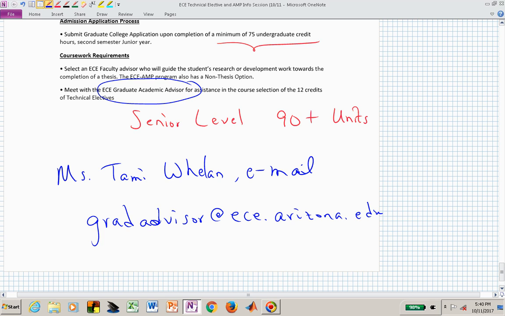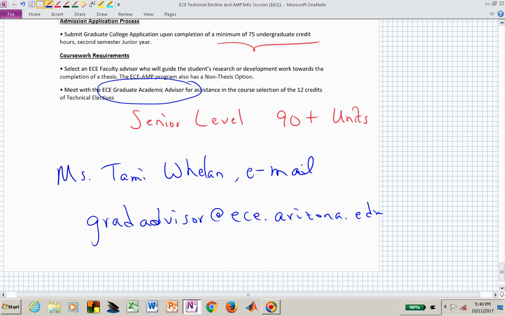So if that's the situation, I would anticipate that you can probably register for 500 level classes for graduate level credit during your undergraduate degree. But you would still need to take 4 other graduate level classes in the AMP. Well, up to 4. So I think it's doable, but verify that with Tammy.